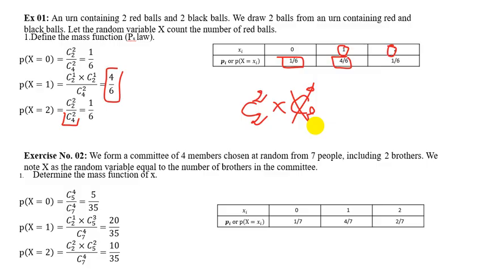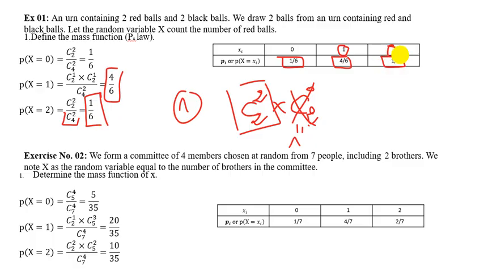We can cancel this since it is 1. So it is C(2,2), which is 1. The final result is 1/6. And the sum here is 1/6 plus 4/6 plus 1/6, which is 6/6, which is 1. We said the condition is that the sum of all the probabilities is 1.